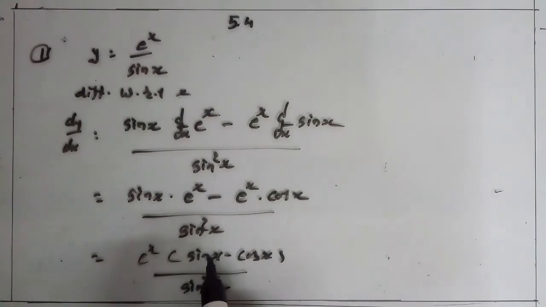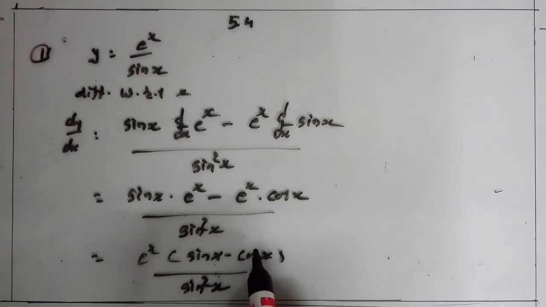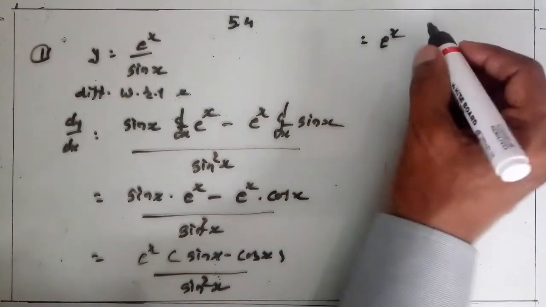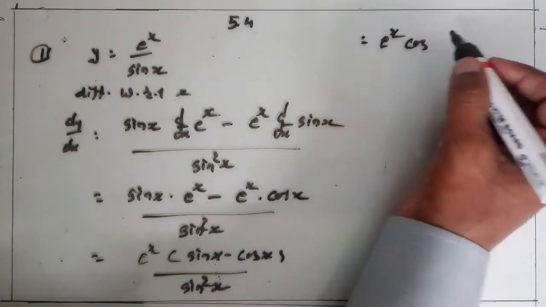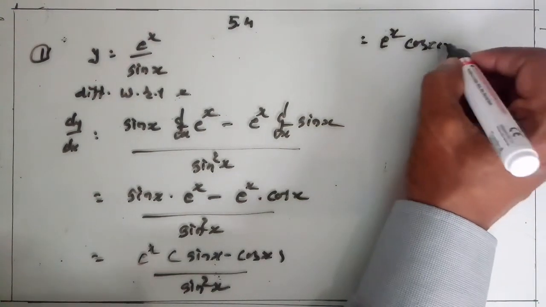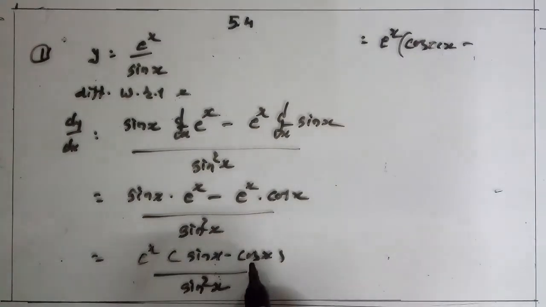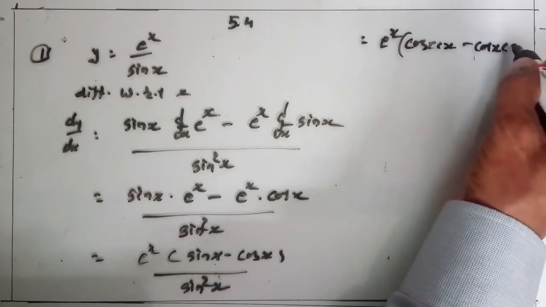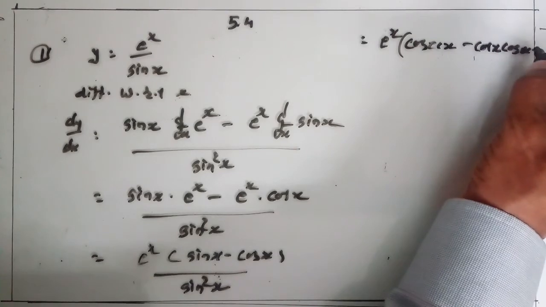After dividing by sin square x to both terms, sin x upon sin square x becomes 1 upon sin x, that is cosec x, minus cos x upon sin x into 1 upon sin x, that is cot x into cosec x. Clear? Cosec x.